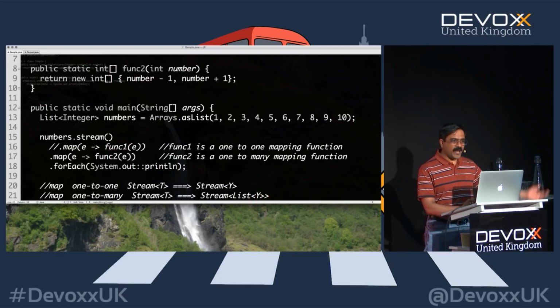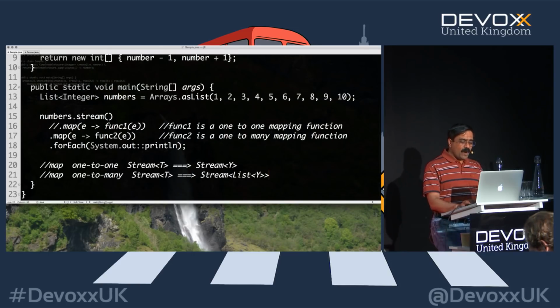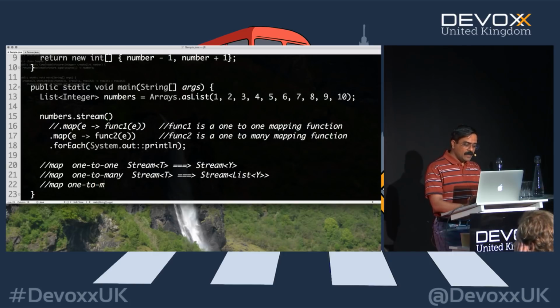Whether it's a list or an array doesn't really matter. So what if you really wanted a map of one-to-many, but what you really want to do is to start with a stream of T, but you really want to end with a stream of Y?